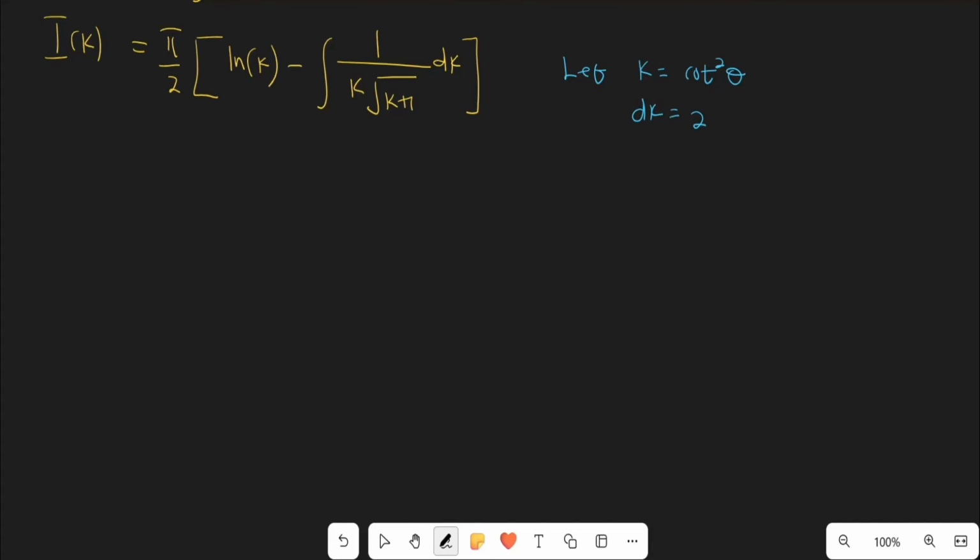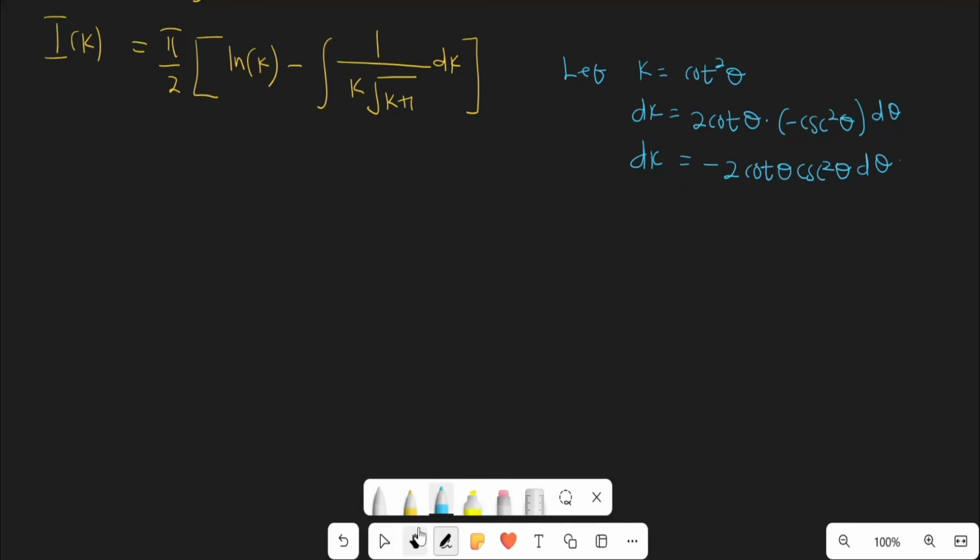This is going to be 2 cotangent of theta, and then I'm going to multiply by the derivative of the cotangent of theta, which is negative cosecant square of theta, like this, and then d theta. So in place of dk, I'm going to put in negative 2 times the cotangent of theta, cosecant square of theta, d theta, right? So now let's take the integral into the theta world.